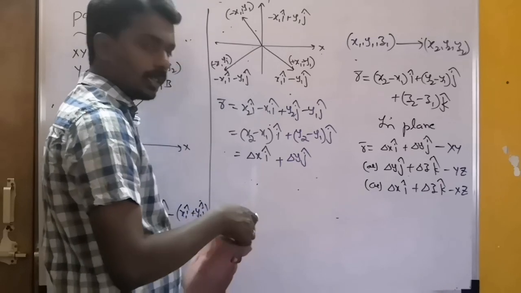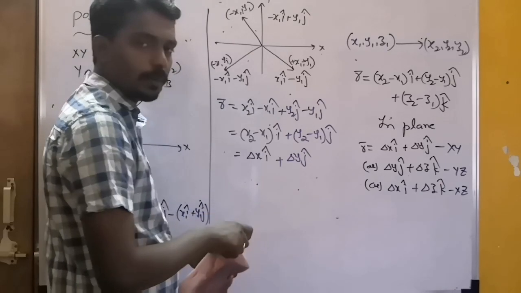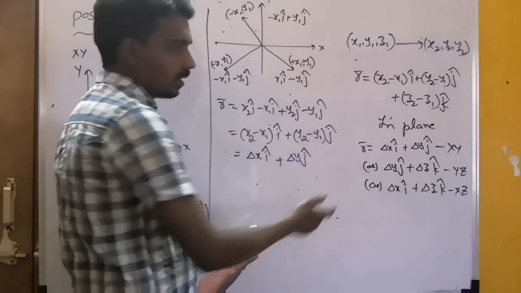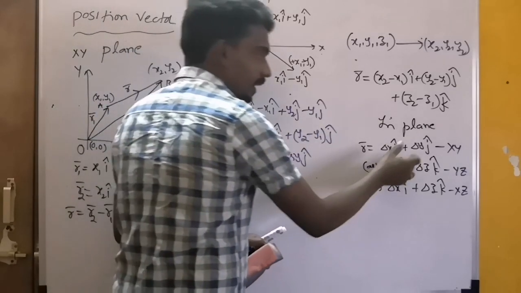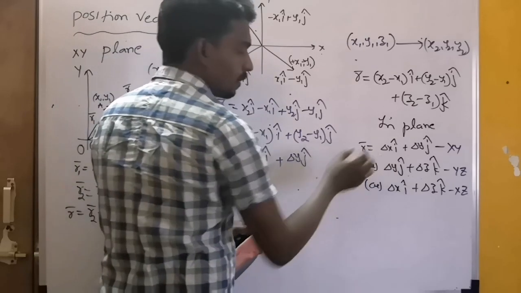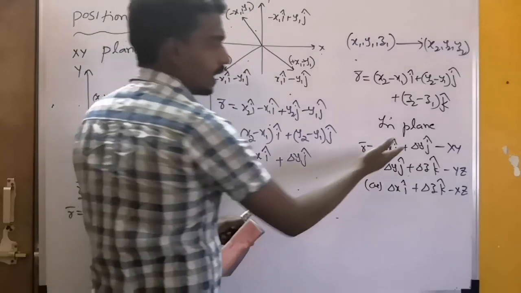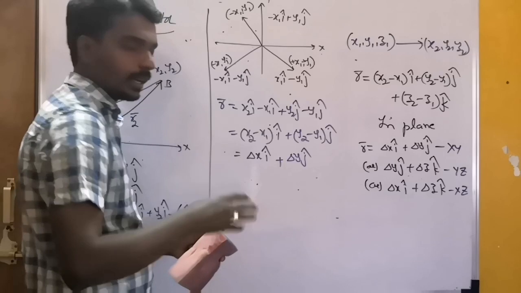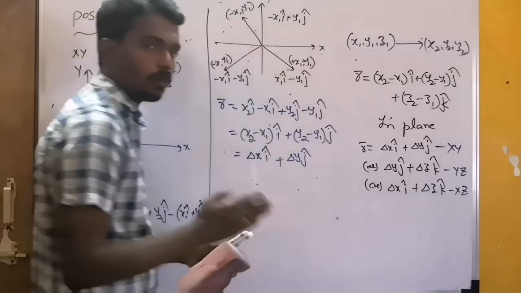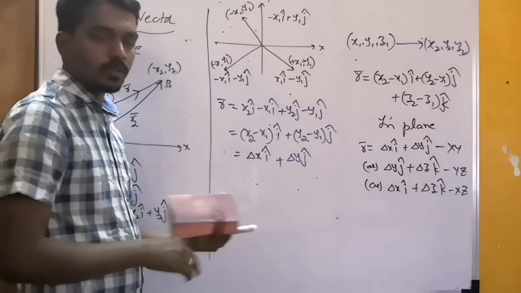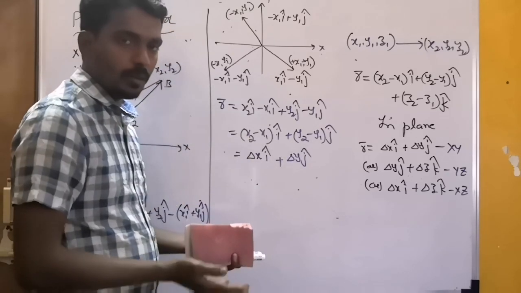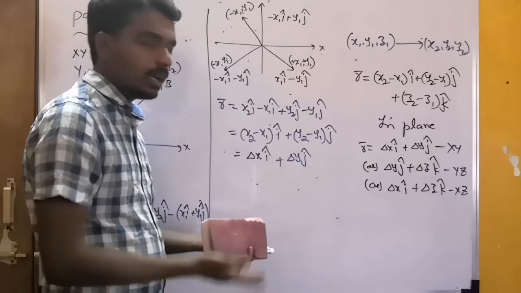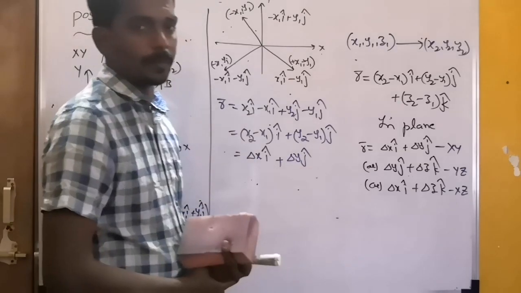So depending upon the given plane, the combination comes. Depending upon the given coordinates, delta x may be positive or negative, delta y may be positive or negative, delta z may be positive or negative. So accordingly you will get plus i or minus i, plus j or minus j, plus k or minus k.